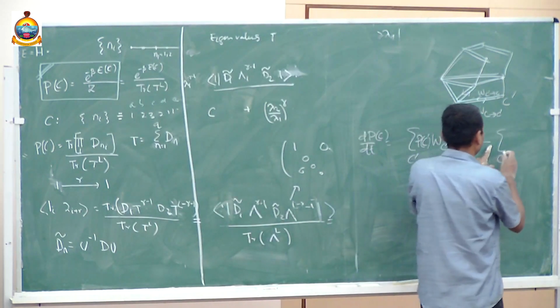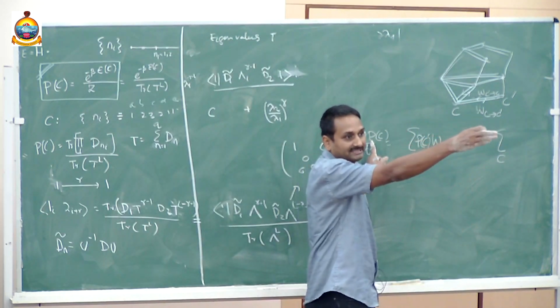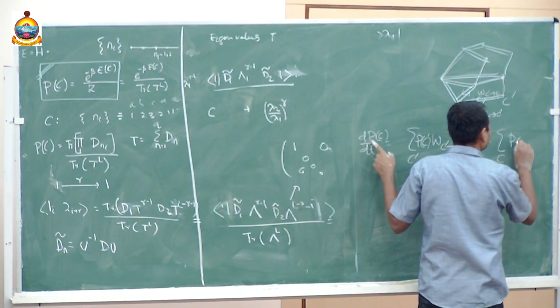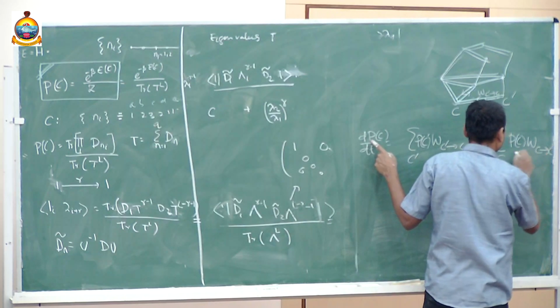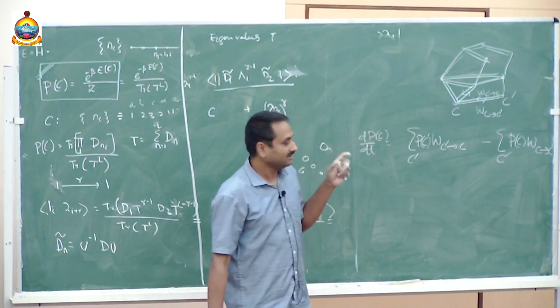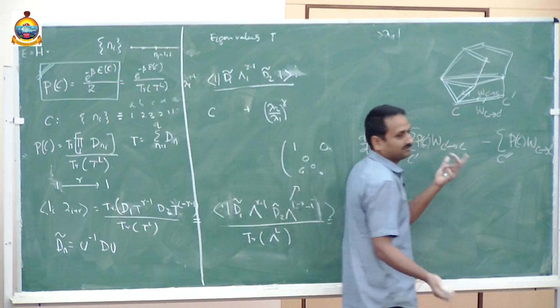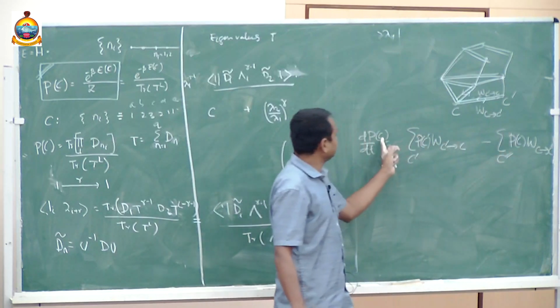Then there is a loss, because from the same configuration you might go somewhere else. So that is P of C times W from C to some C prime, and the sum is always over C prime. These are dummy indices, you can put C double prime also, it's okay. But this C and this C are the same.